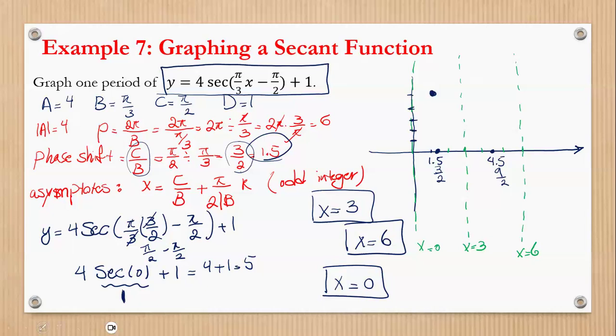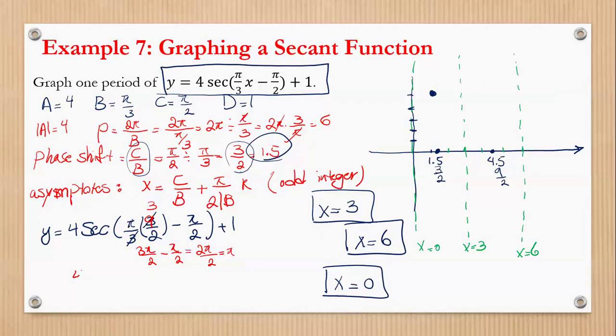We need to replace the x by 9 over 2, which is the other midpoint. If you replace the x by 9/2 and then simplify, you get 3 pi over 2 here. And then if you subtract another pi over 2, you get 2 pi over 2, and 2 pi over 2 means pi.